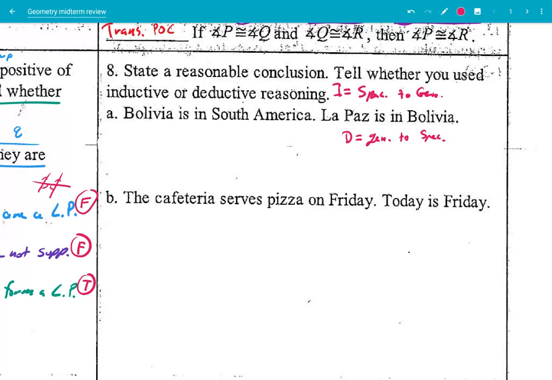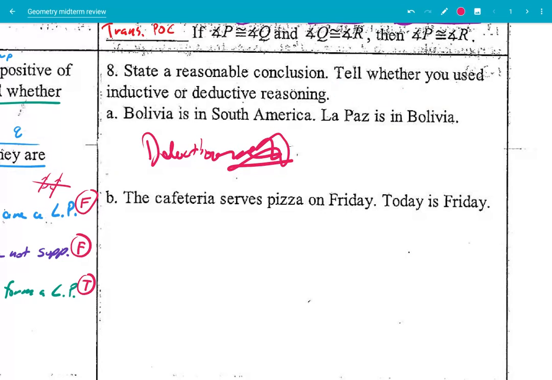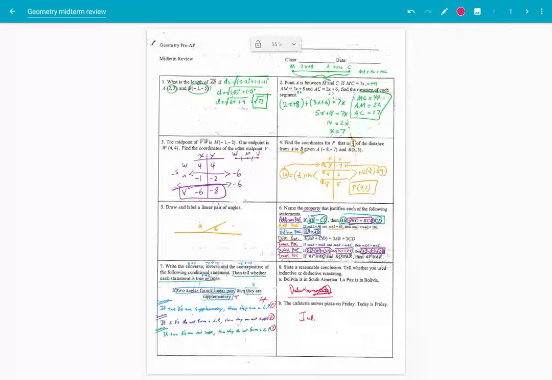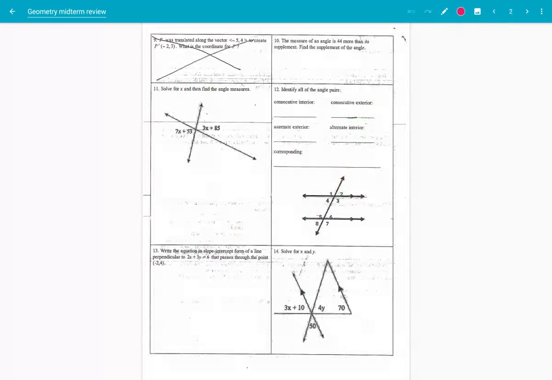We're going from general to more specific, so this is going to be deductive, sure. All right, the cafeteria serves pizza on Friday. Today is Friday. Goes from specific to general, I would say. Let's say that's inductive and just move on to the next one because I hate that question.